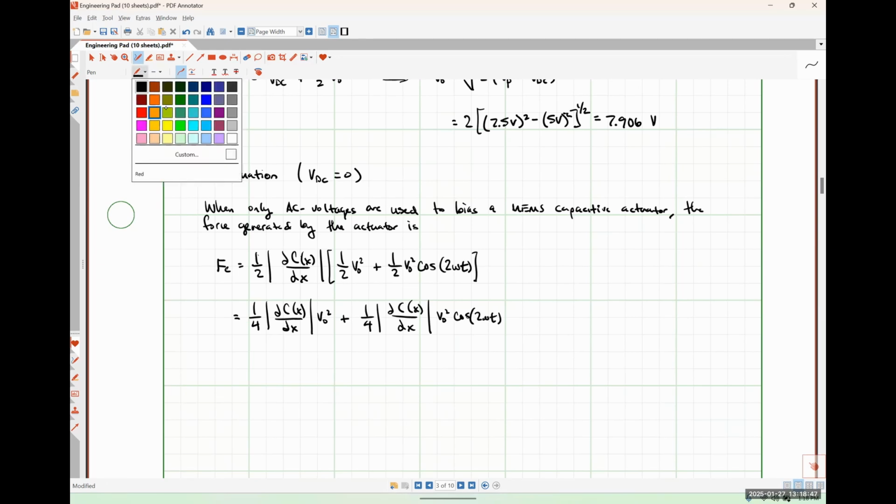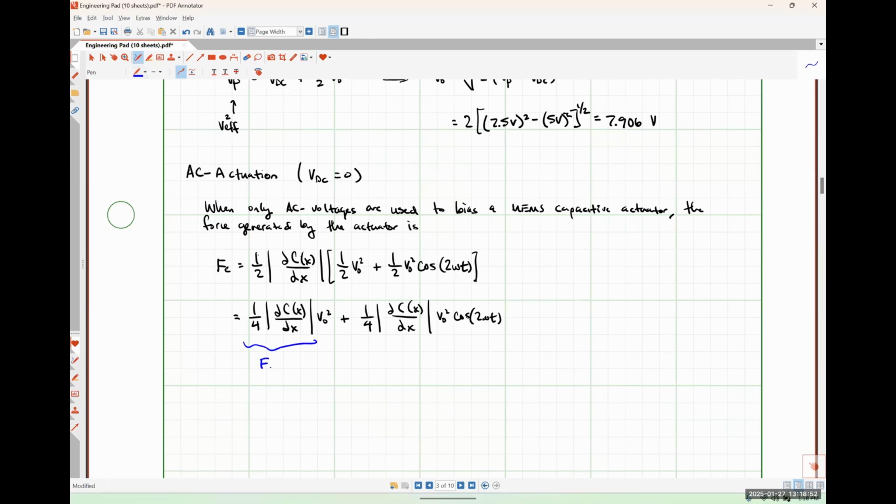So we've got a DC force here, which is setting the mechanical operating point of the system. And then we have a sinusoidally oscillating AC force as well.